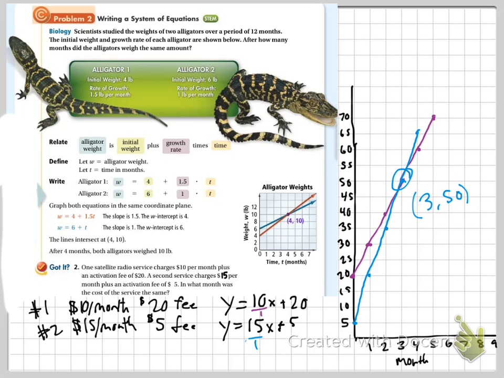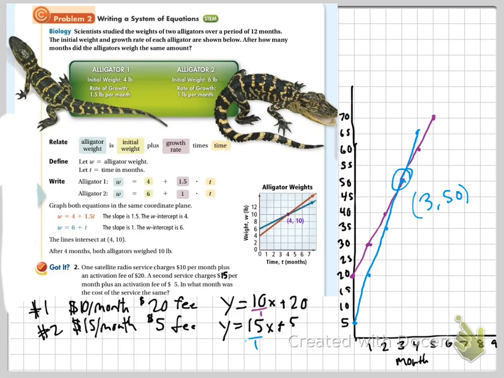So what this means, because this is a story problem, right? This is a real life problem, so it actually gives us some information besides just where they cross. So our x is 3, so at 3 months, this means that both services cost $50. So let's say you went into this knowing I'm going to have this satellite radio service for 3 months. Then it doesn't matter which one you pick because it's going to be the same for either one.